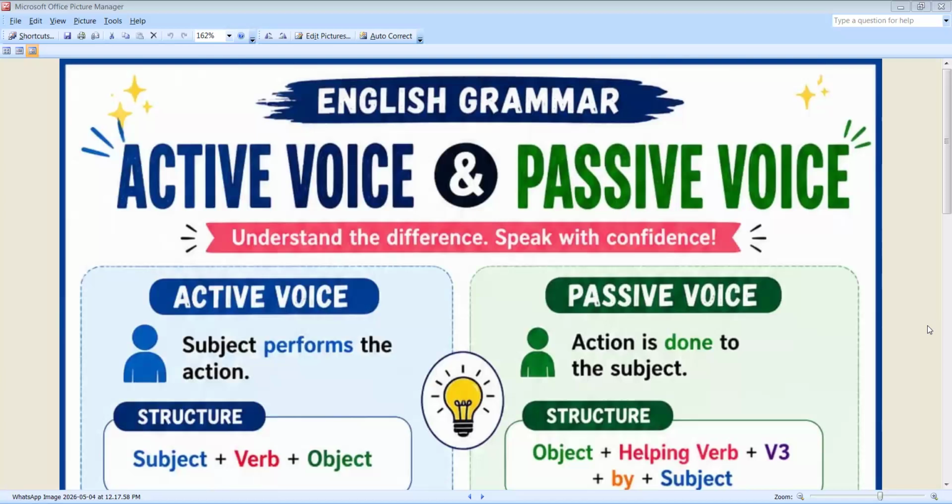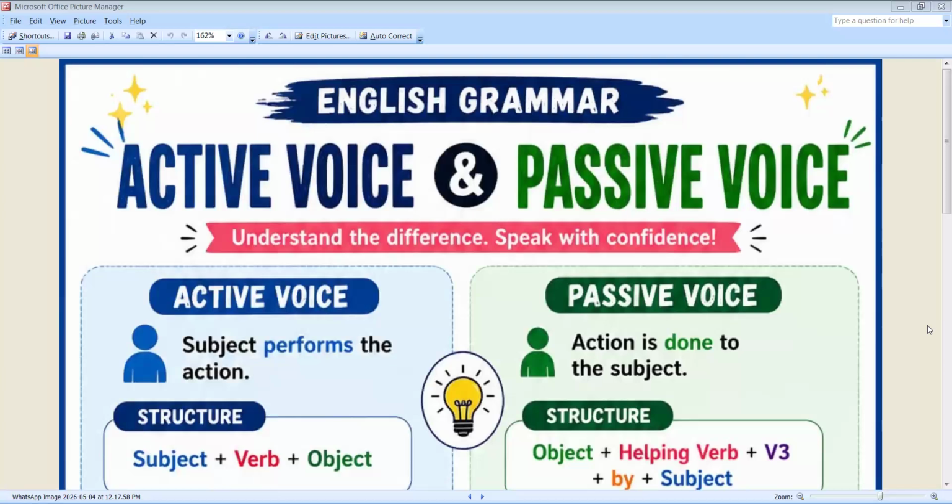Any activity is done regarding the subject. Whereas in active voice, the main subject performs the work.